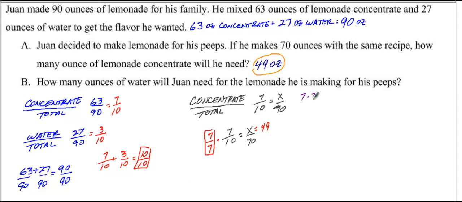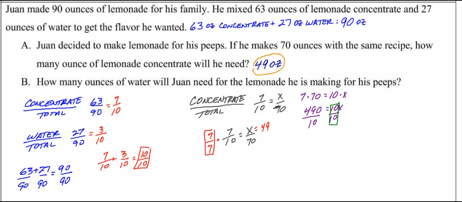We would have 7 times 70 equals 10 times x. 7 times 7 is 49, so 7 times 70 is 490 equals 10x. We would divide both sides by 10. That is the coefficient.